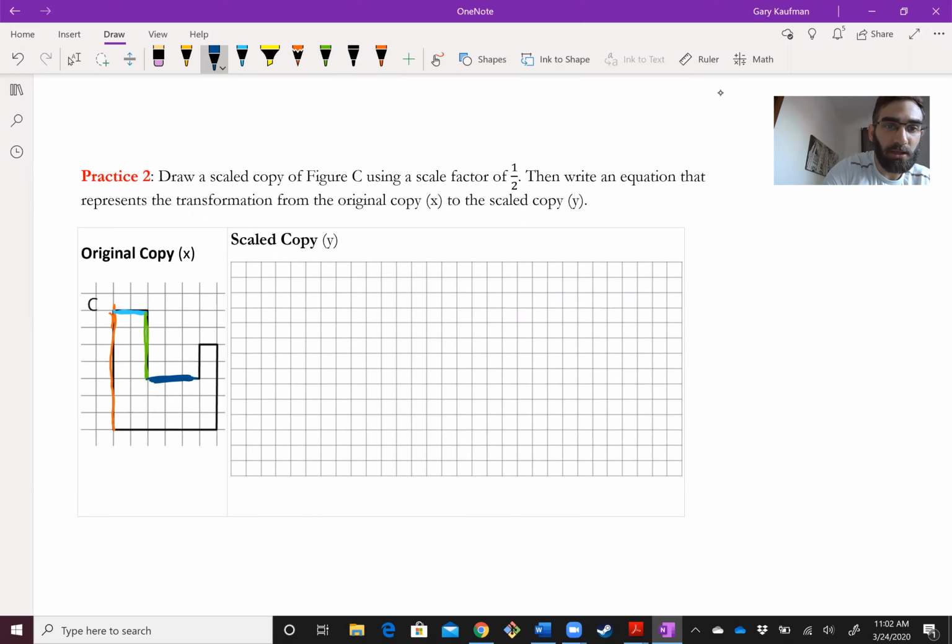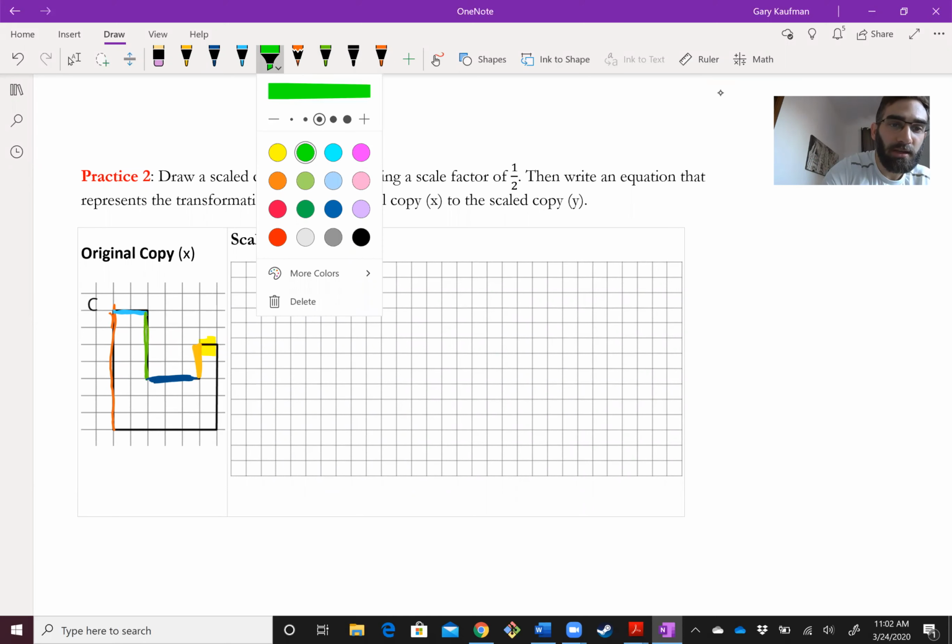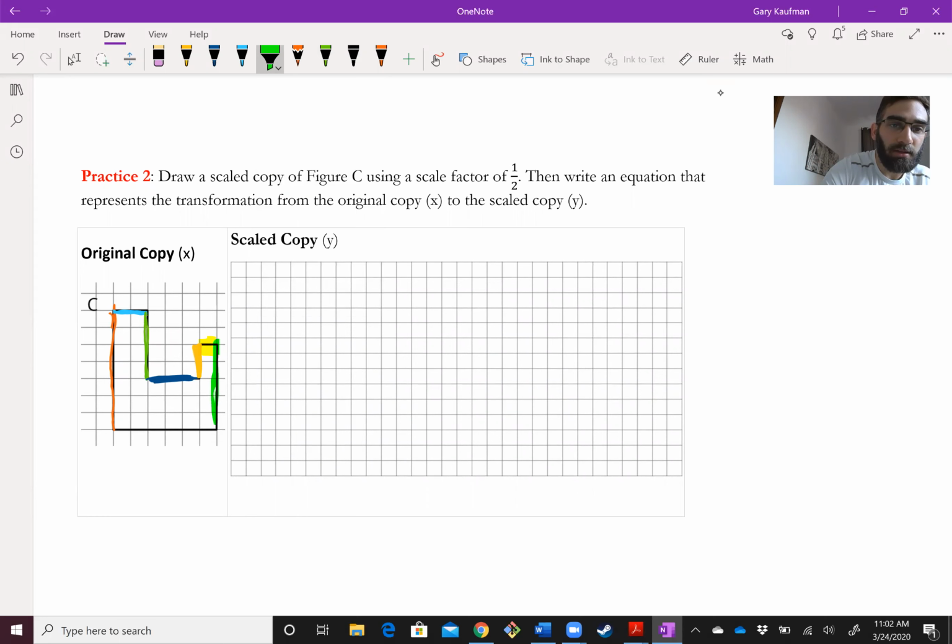So this is my dark blue side. This is my gold side. I'm running out of colors. Here's my yellow highlighted side. And here is my green highlighted side. And the third one is my black side. So go ahead. Scale factor of 1/2. Then write the equation.